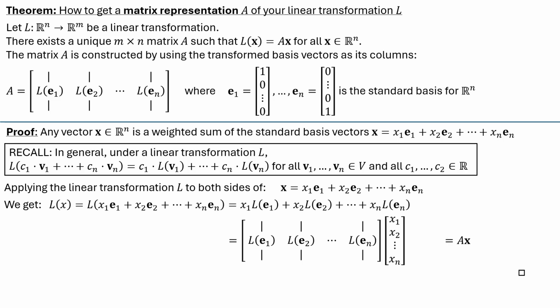We use that right here for our proof. By linearity, we can pull the transformation L inside the sum, just like our definition, and then where the columns are the mappings of the standard basis vectors, we have exactly the matrix vector product we wanted all along, Ax.